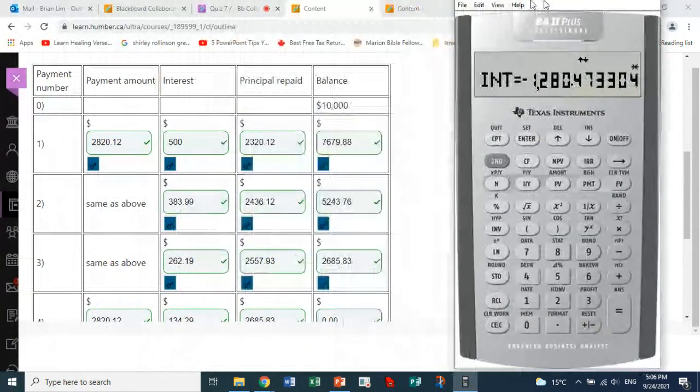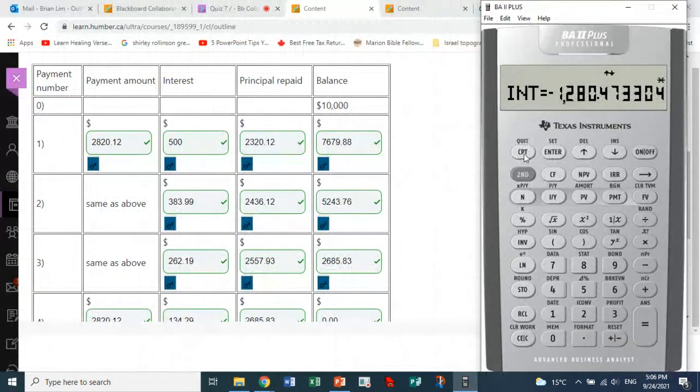As you saw before, we go in there by clicking second, PV, and then we start the process. If P1 is 1 and P2 is 1, then we get the payment, we get the row. If P1 is 1 and P2 is 4, then we get the sum or the total for that column.